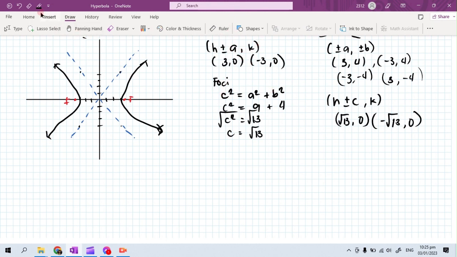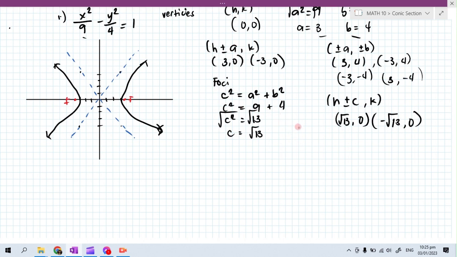Then the last thing that we need to do is to find the equation for our asymptote. So the formula that we will be using is y minus k is equals to plus minus b over a times the quantity of x minus h.